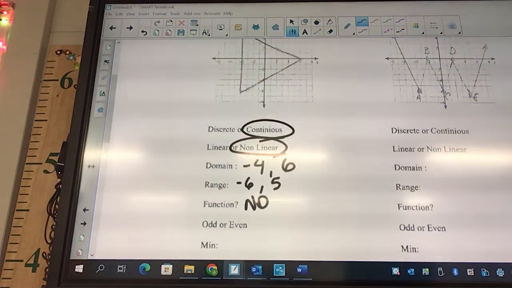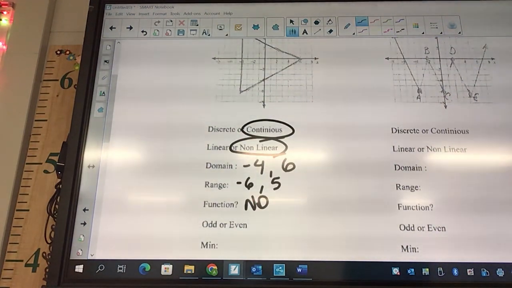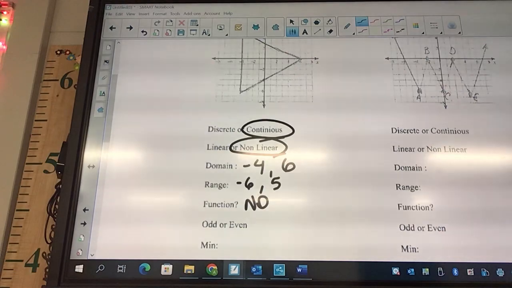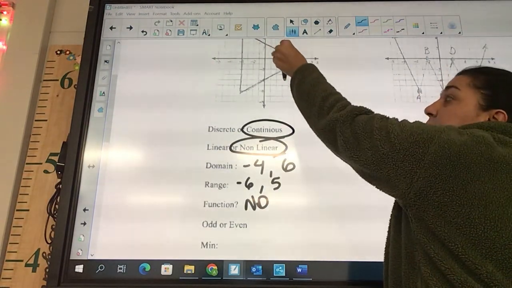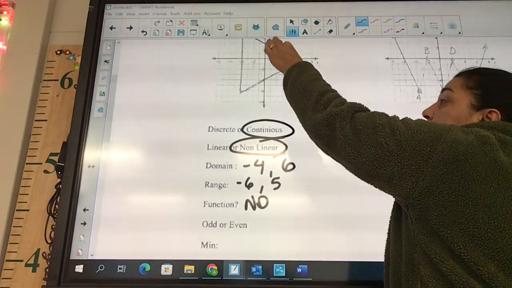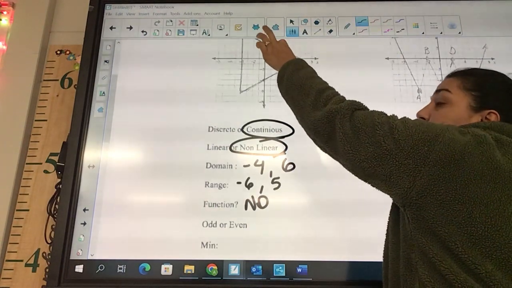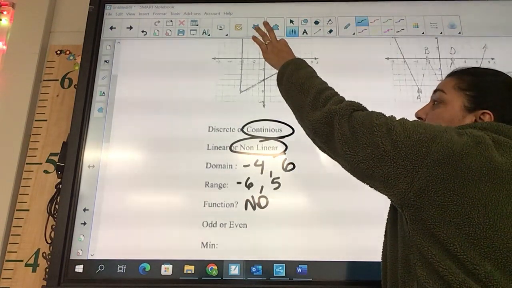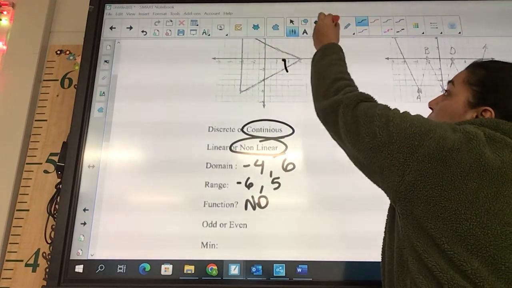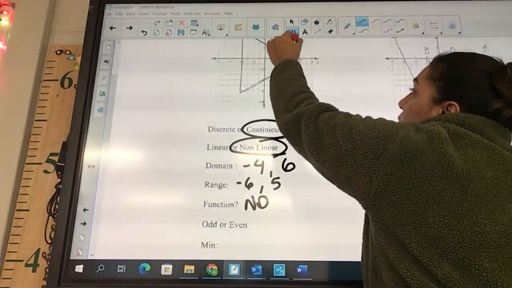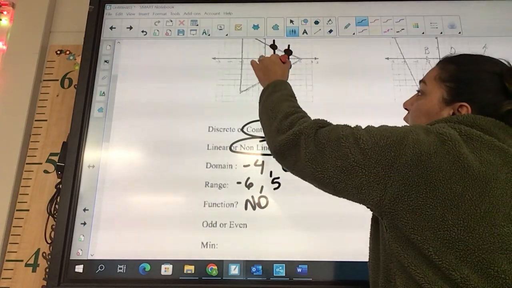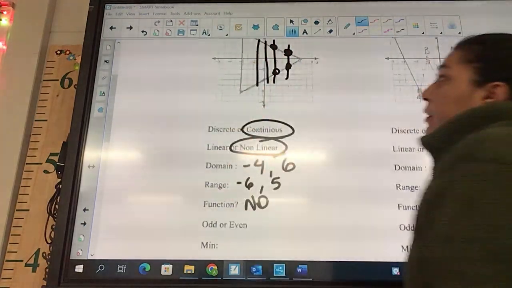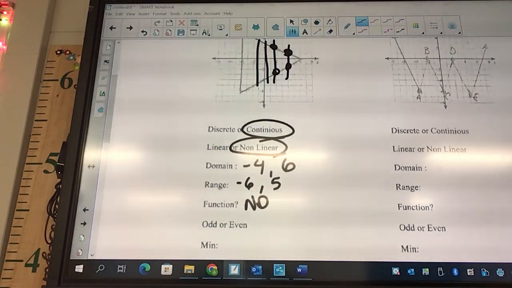If I put my pencil here, see how it's touching right here and right here at the same time? That means it's not a function. If you draw some vertical lines, see how it's touching here and here. You can do that all the way down. If it's touching 2 times, it's not a function.